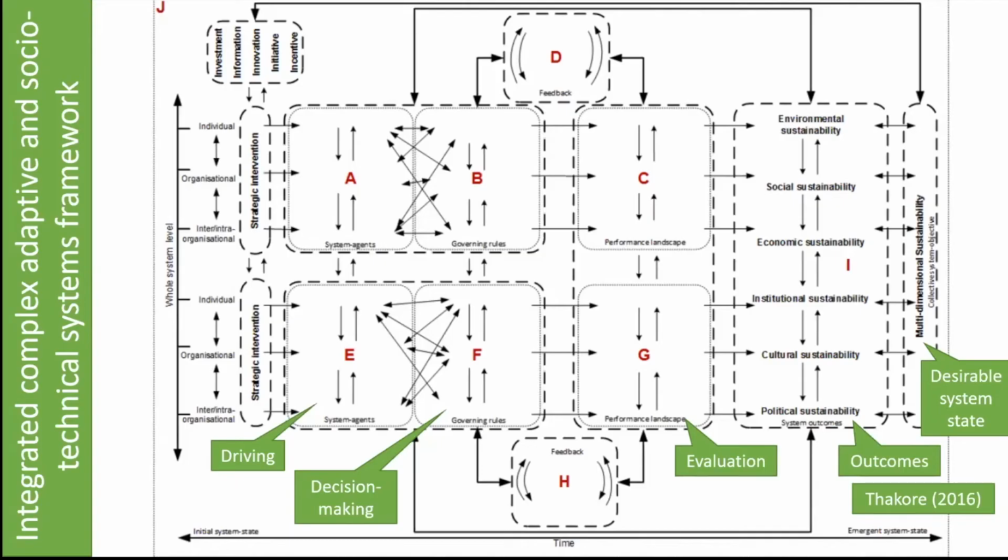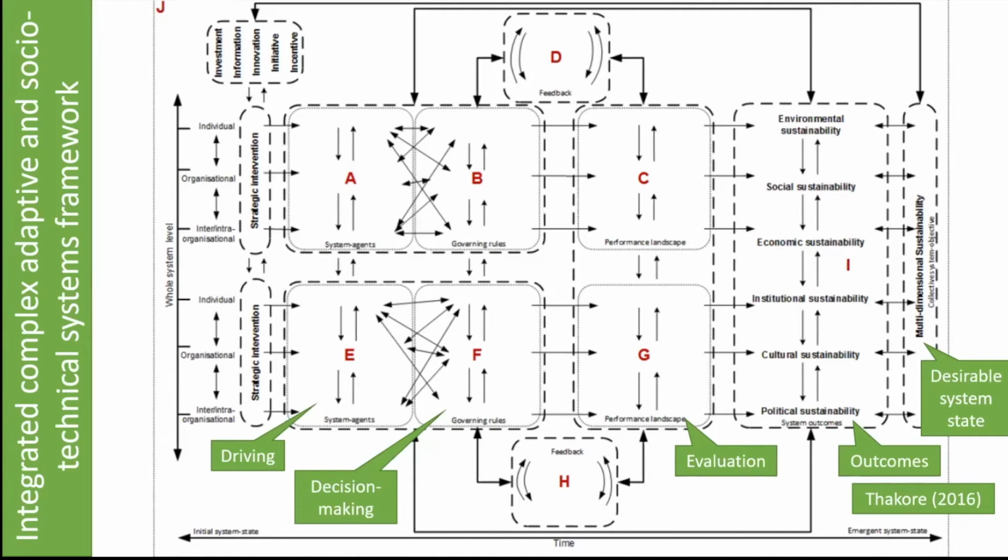And while this is happening, they will impact several different dimensions of sustainability as per their outcomes, and that is captured in the outcome box, which is called performance strategic outcomes.